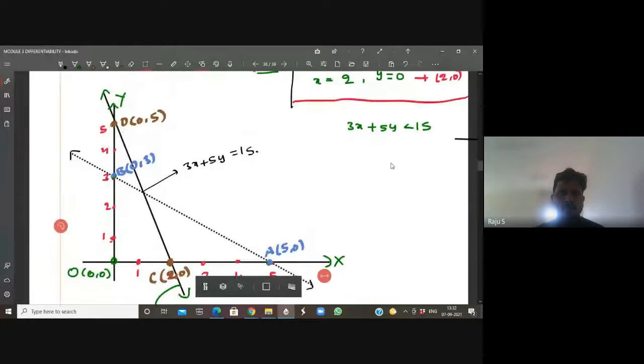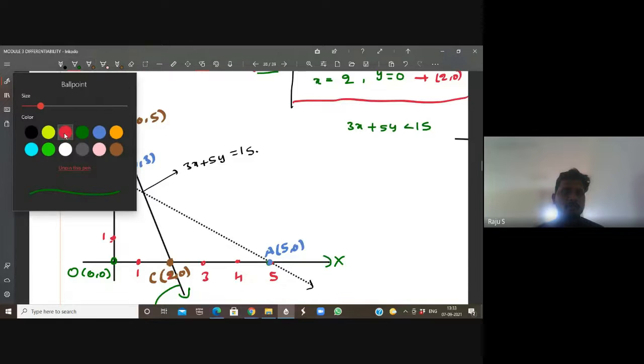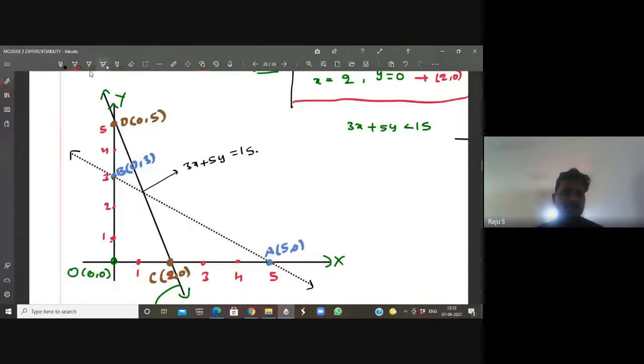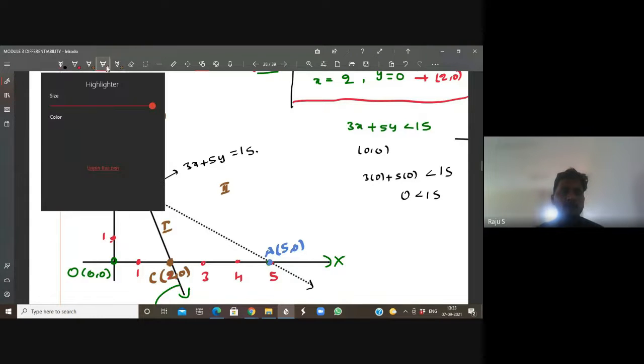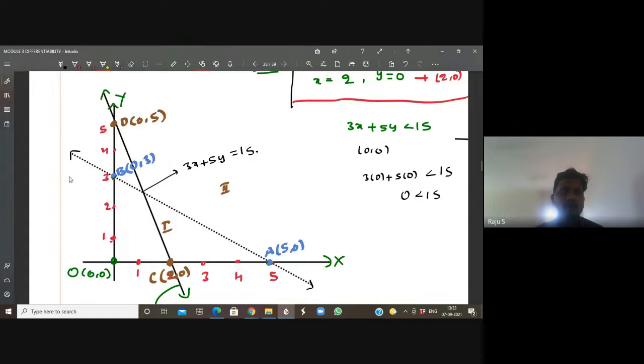Now, I'm going to choose one point on the first part and second part. This line divides the plane into two parts. When I take (0, 0), is 3 into 0 plus 5 into 0 lesser than 15 or not? Yes, 0 is lesser than 15, so (0, 0) is one of the solutions for the given inequality.